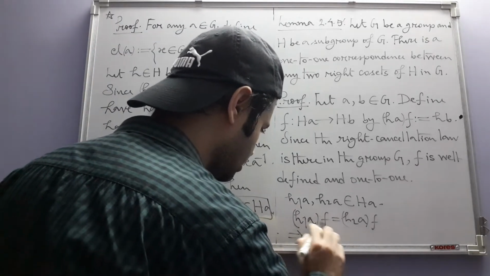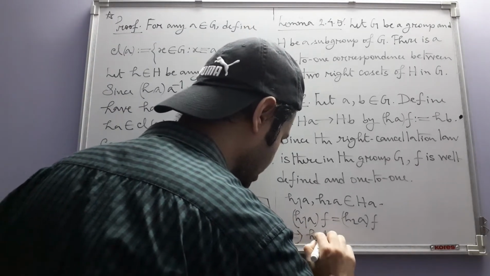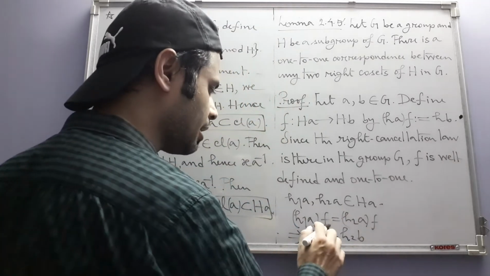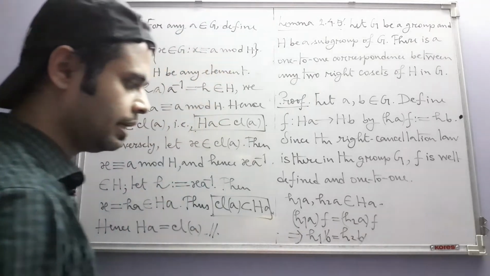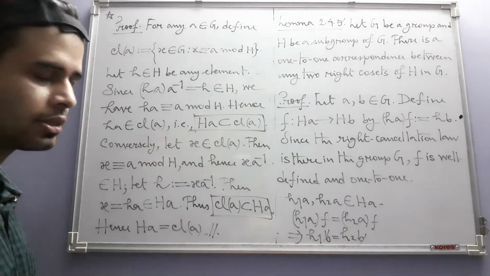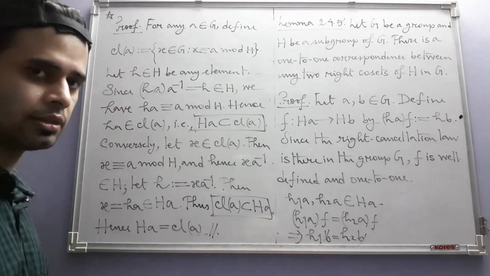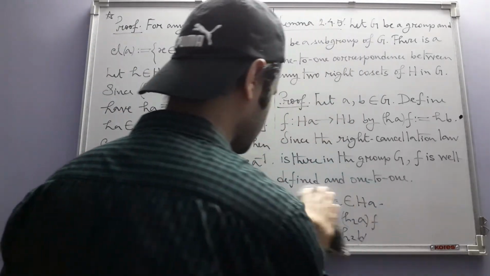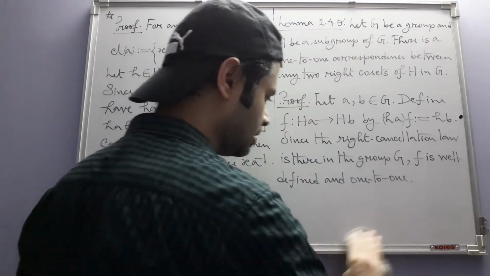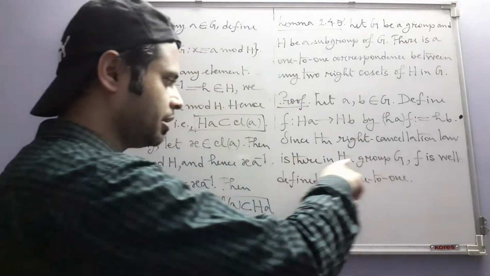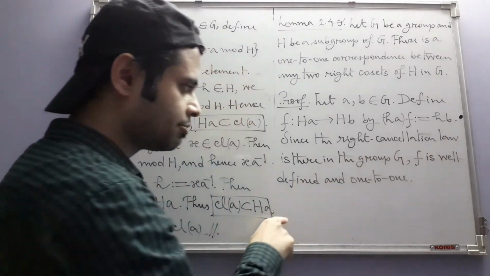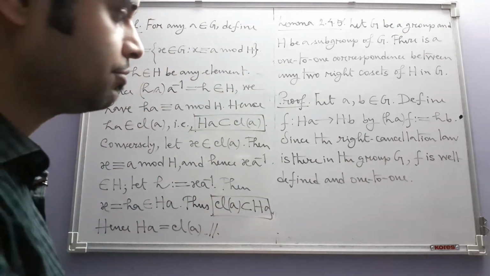So by the definition of the function, we then get H1B equal to H2B, but using the right cancellation law, you get H1 equal to H2, and hence H1A is equal to H2A. That proves that F is injective. So instead of writing all those things in detail, we are just simply mentioning that because of the right cancellation law, not only is F well defined, but it's one-to-one or injective also.